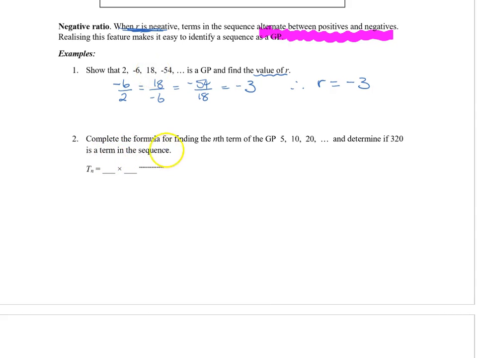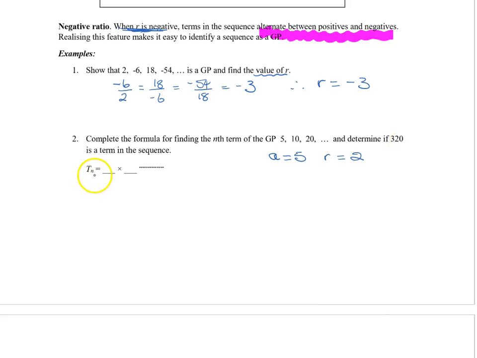Example 2, complete the formula for finding the nth term of the GP, where we have, well, you can see A is equal to 5, and R, well, we don't have alternating signs, 10 on 5 is 2, 20 on 10 is 2, so R is equal to 2, and then we've got to determine if 320 is a term.